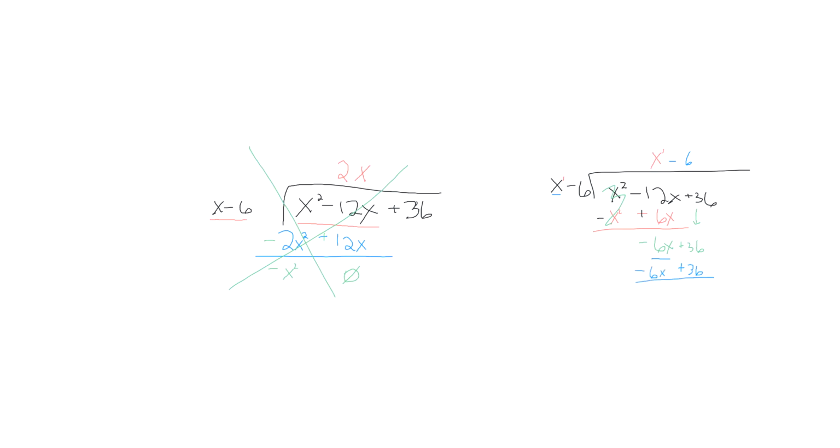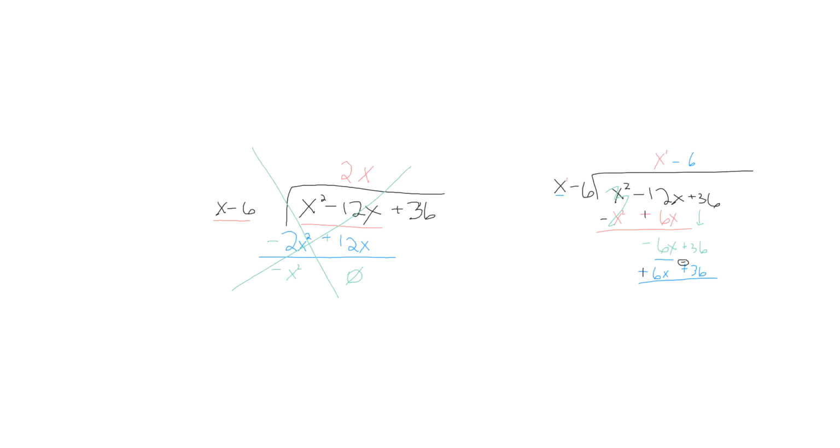And when I combine those, remember I'm going to change everyone on the bottom their sign. So if this is minus, it becomes plus. If this is plus, it becomes minus. And then I can add those two equations together. 36 minus 36, nothing. Minus 6x plus 6x, nothing. So I don't have a remainder. I don't have anything left over.